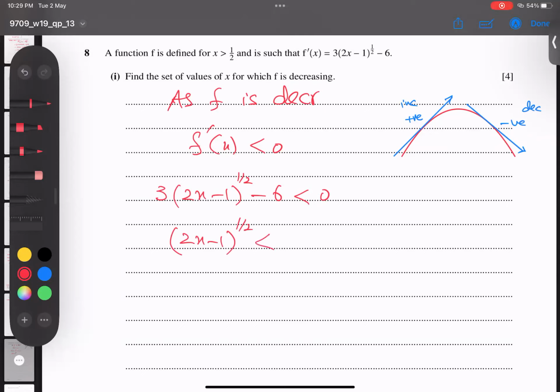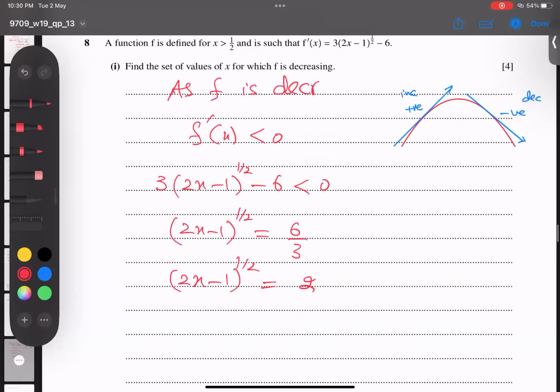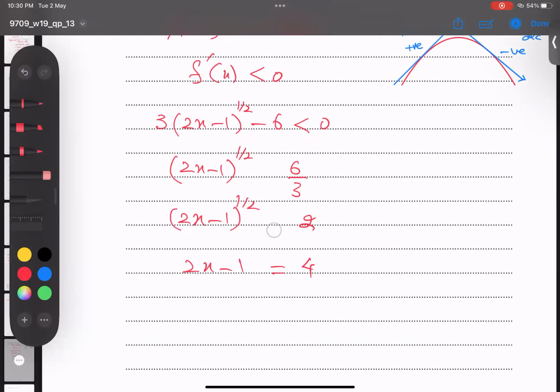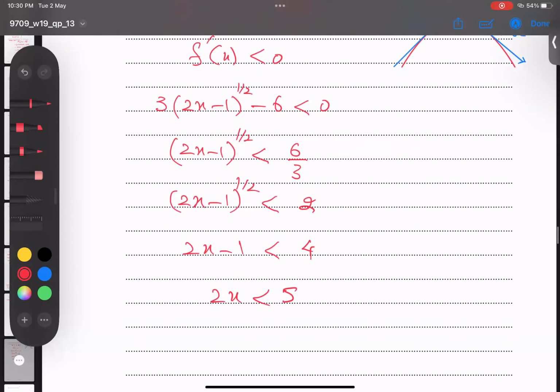So 6 goes there, 3 goes there, 2. Squaring both sides, even if I do it with the inequality, no effect will come. If you're not comfortable with this, you can do the inequality even, no issue. And 2x less than this, 4 goes there, 5. Correct. And the x value becomes what?